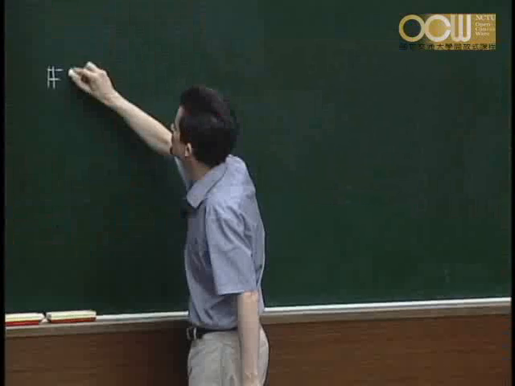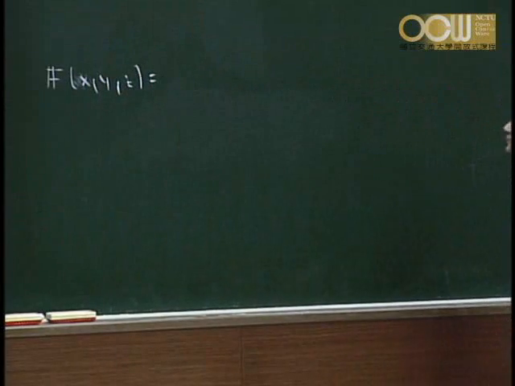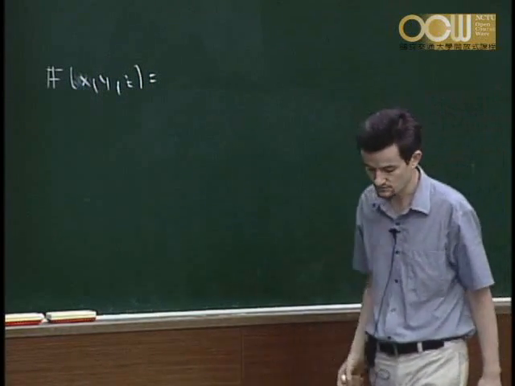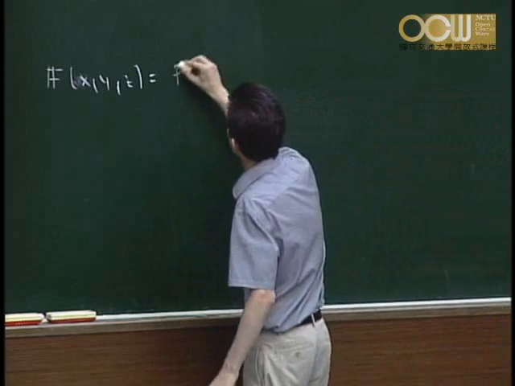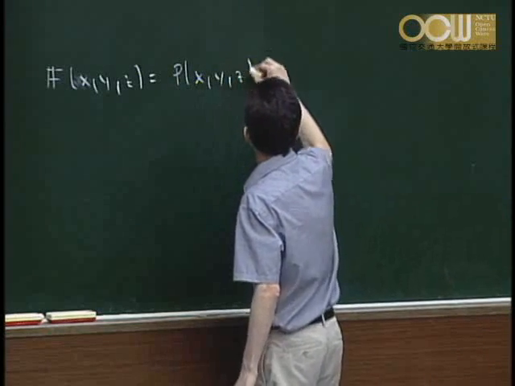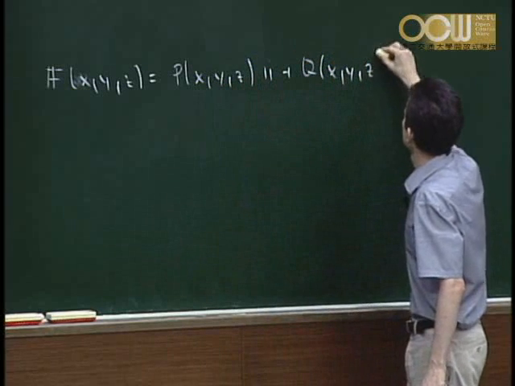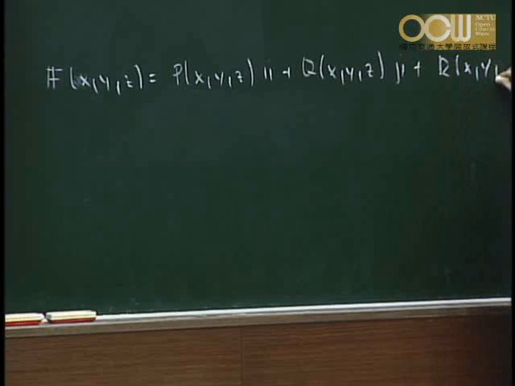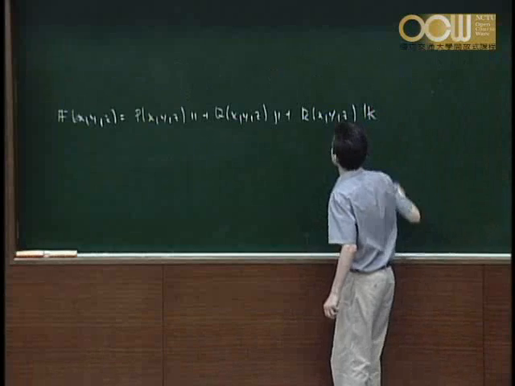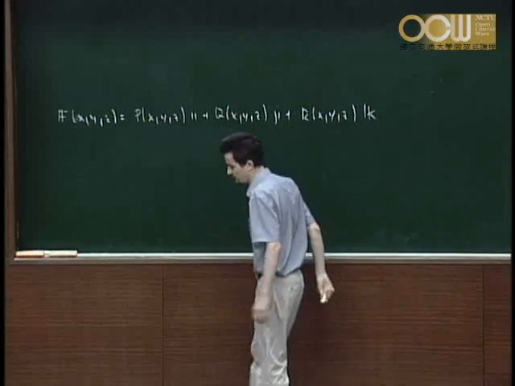A vector field, for instance a three-dimensional vector field, is a function which maps some space region onto a set of vectors. So you have three functions P(x,y,z) i plus Q(x,y,z) j plus R(x,y,z) k. Those three functions are normally called scalar fields.